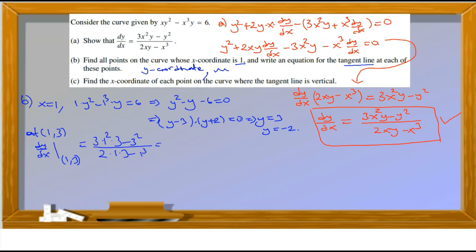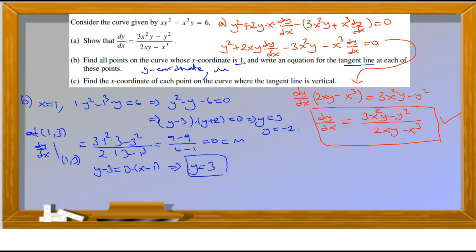This expression is 9 minus 9 over 6 minus 1, which is equal to 0. So at this point the slope of the tangent line is 0. Applying point-slope form, y minus 3 equals 0 times x minus 1, so the tangent line equation is just y equals 3.